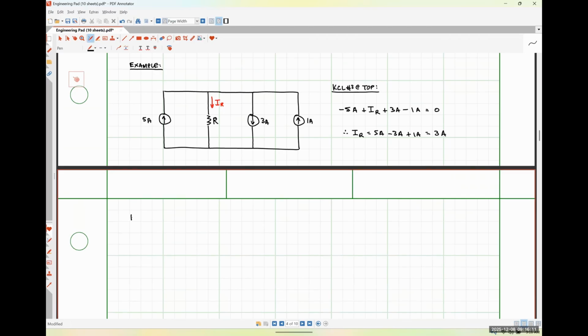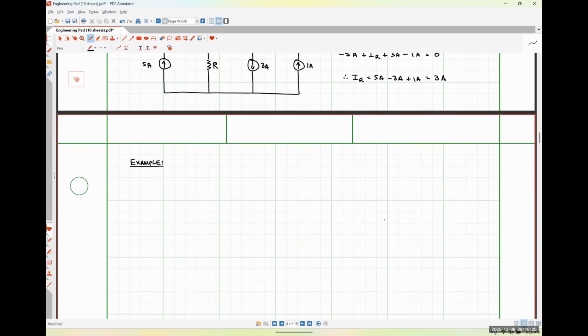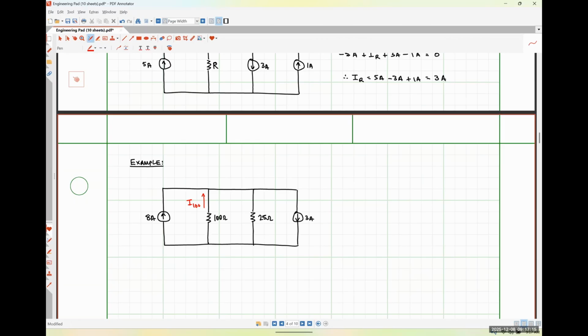Let's work another quick example here. What we're ultimately trying to find in this one is the current flowing up through the 100 ohm resistor.